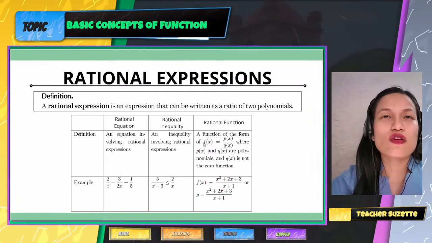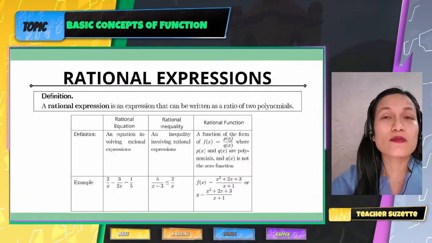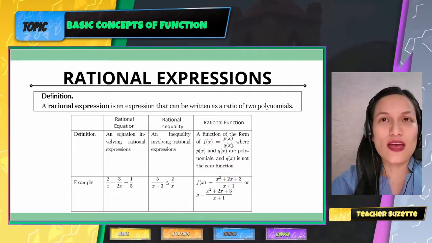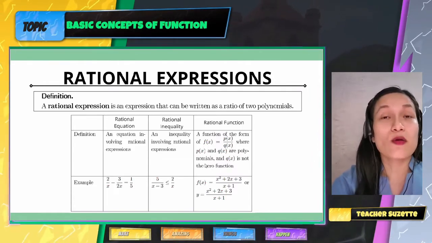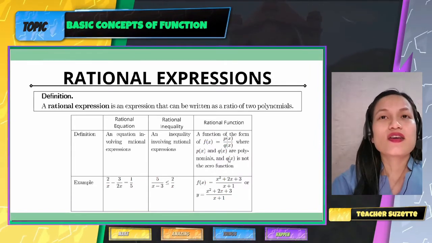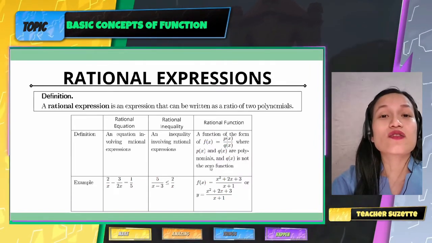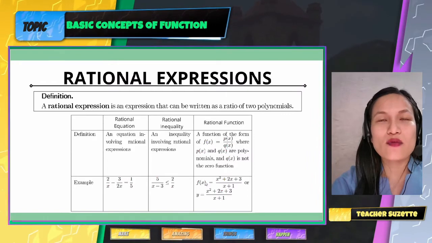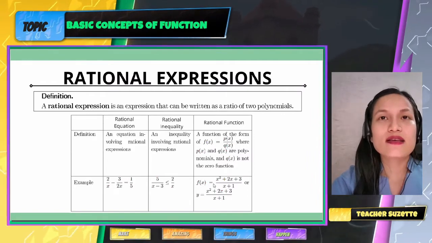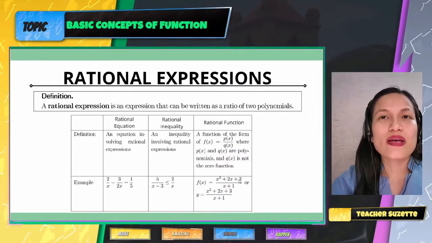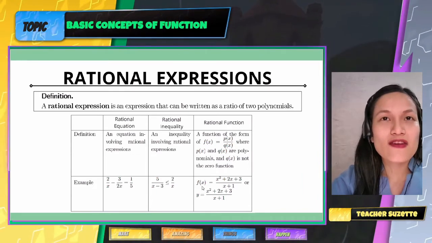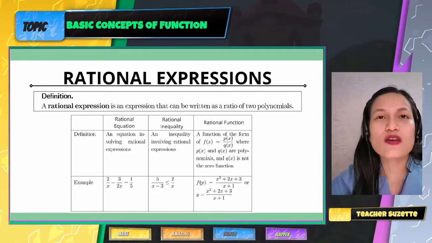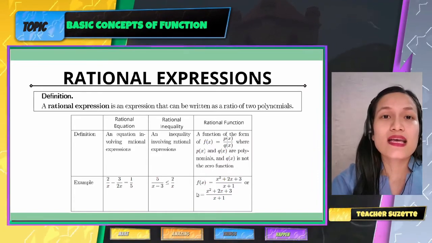A function of the form f of x is equal to p of x all over q of x, where, again, p of x and q of x are polynomials and q is not the zero function. For example, you have f of x is equal to x squared plus 2x plus 3 all over x plus 1. Or, remember, any name of a function can be written as equal to y.